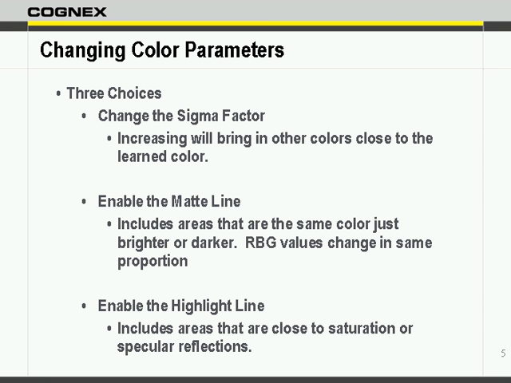The sigma factor would increase or decrease, depending on how you modify this factor, the number of colors around the average colors that gets included into your model that you're learning.